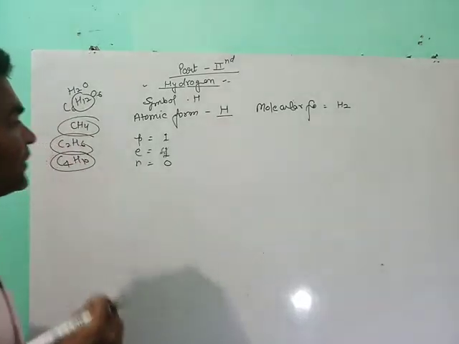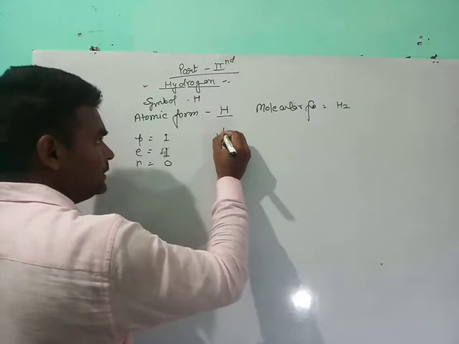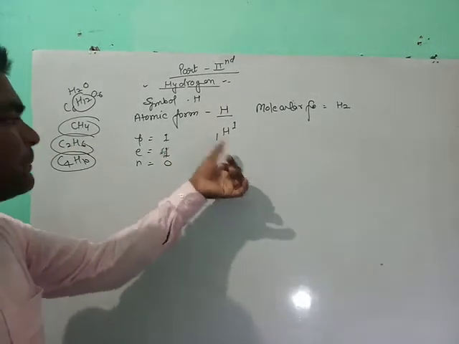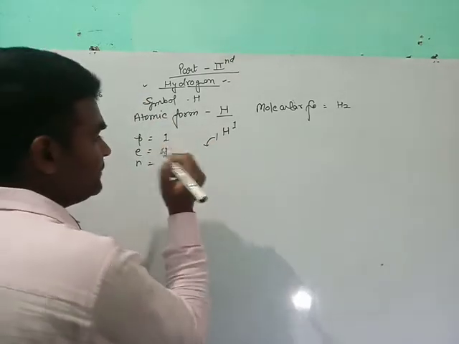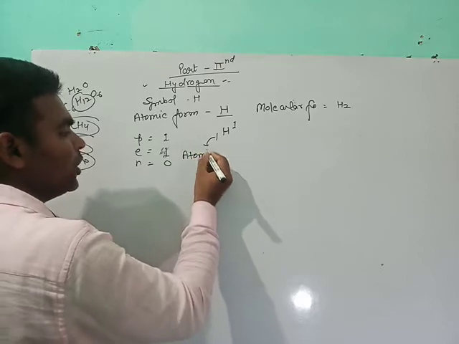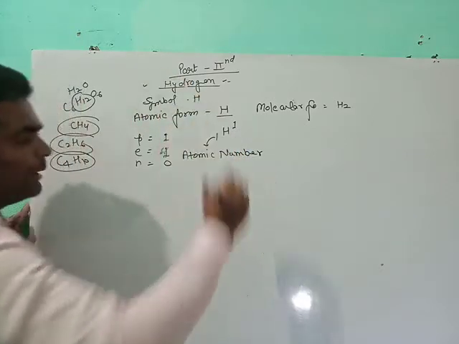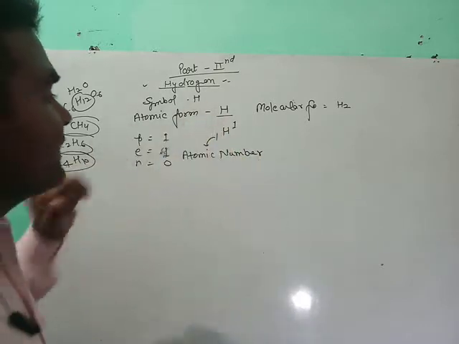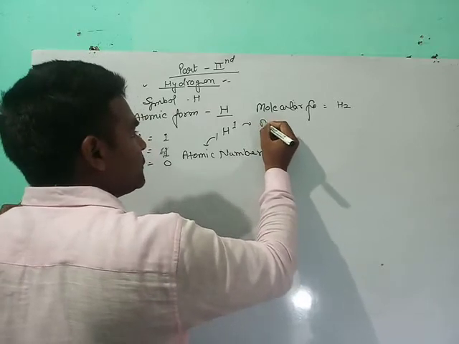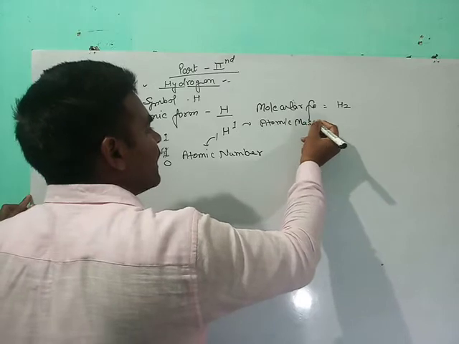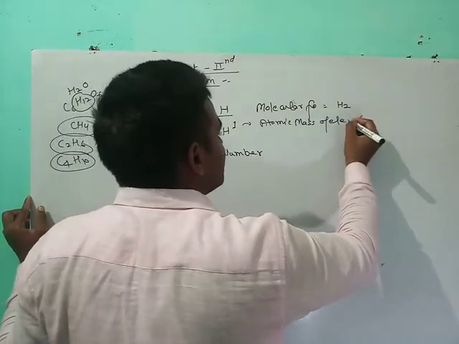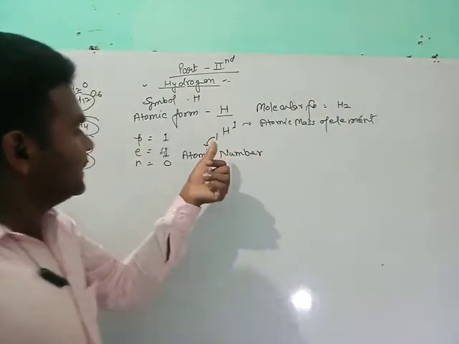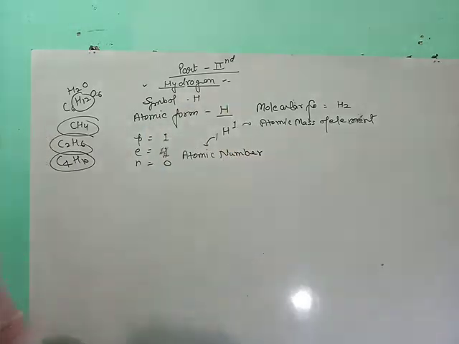So the full representation of hydrogen can be written as 1H1, where the number written at the base of the symbol represents the atomic number of the element, and the number or digit written above the symbol represents the atomic mass of the element.